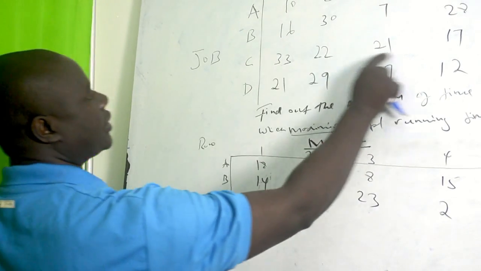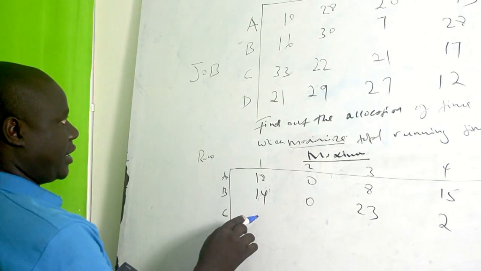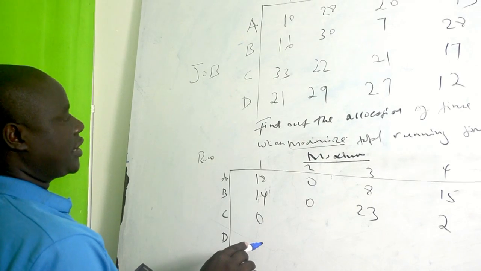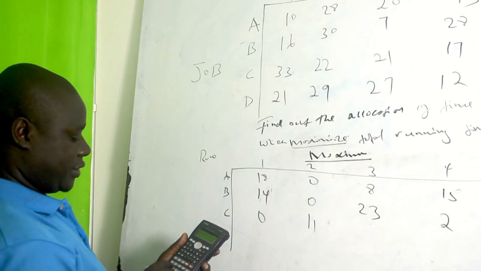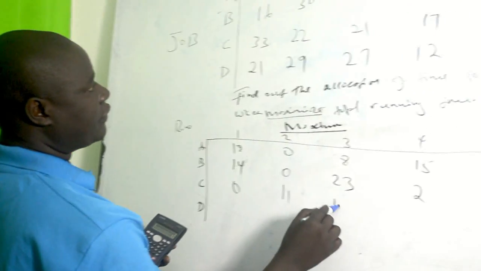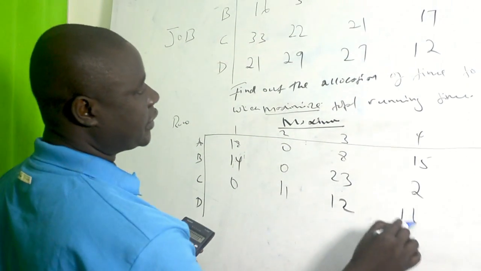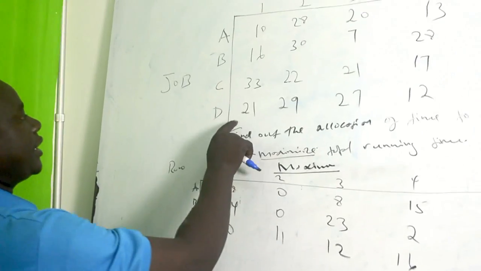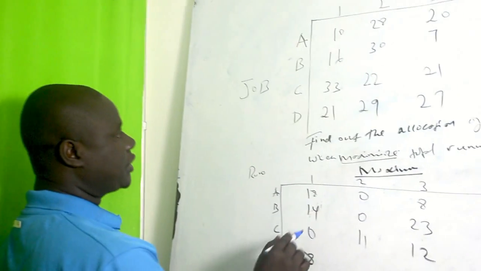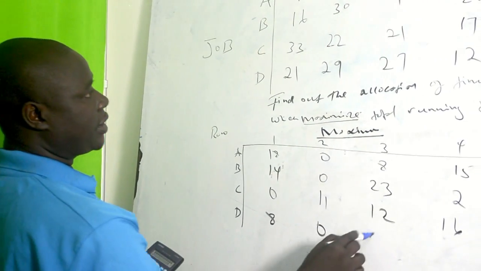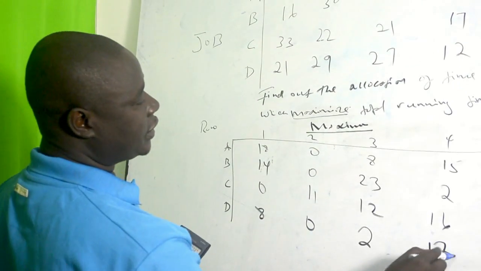You come to this one, the largest number is 33. 33 minus 33 is 0. 33 minus 22 is 11. 33 minus 21 is 12. 33 minus 17 is 16. You come to D, the largest number is 29. 29 minus 21 is 8. Then this one is 0. This one is 2. 29 minus 12, you get 17.